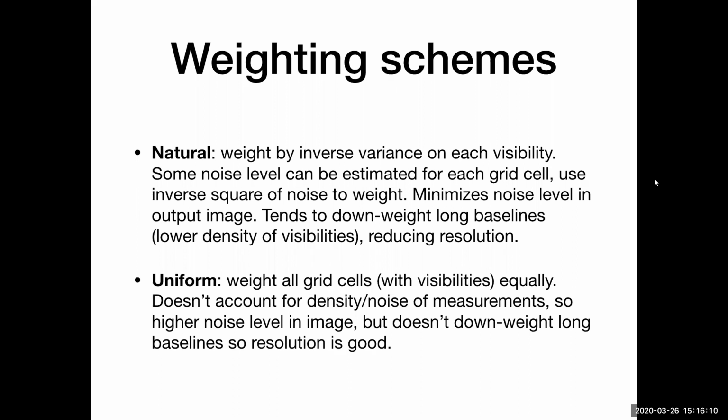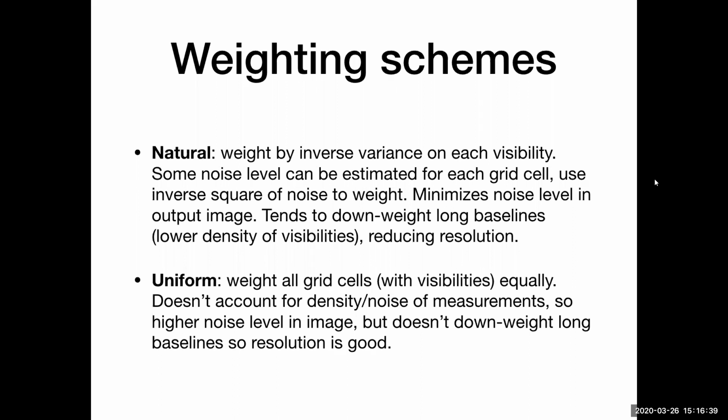The opposite of that is the uniform weighting, where you just weight everything equally without accounting for the density or the comparative noise on the different measurements. This is the simplest weighting scheme, where it doesn't actually apply any weights to take into account any additional information.